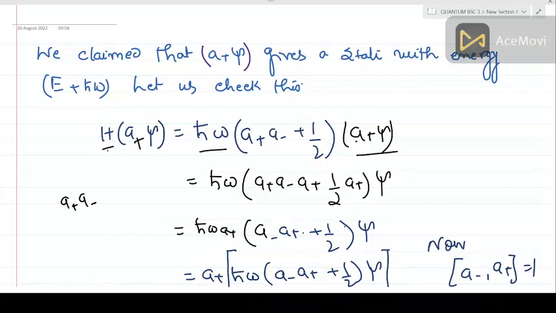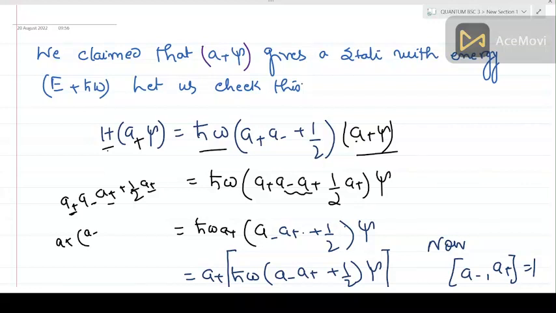What you are doing here is A plus A minus, and you are taking A plus out on this side, and 1 by 2 is a scalar, a number, so A plus simply comes out on this side.